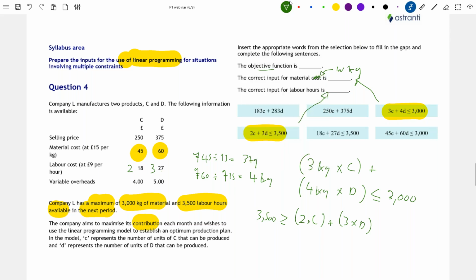So in order to determine the contribution per unit, we take the selling price and then subtract all of these costs. So 250 for C, and for D it is 375. So we subtract the material cost, the labour cost, and the variable overheads, and then do this twice.